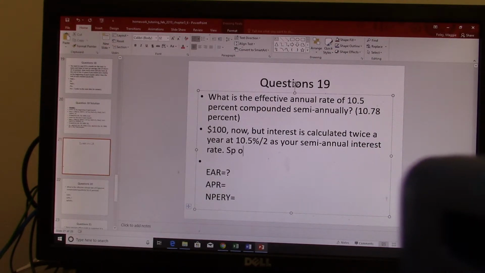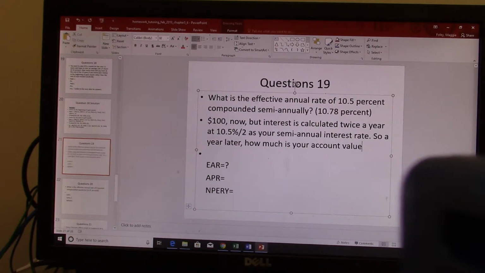So in the end, a year later, how much is your account value? How much is your account value a year from now?